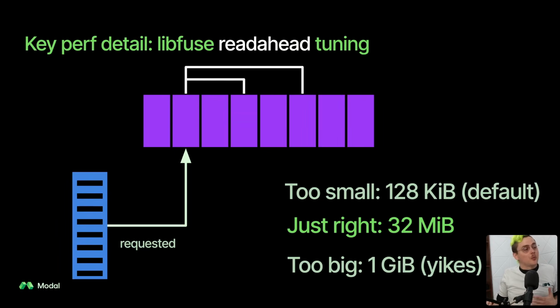The maximum was way too big, and in between we found that 32 megabytes, which is, I guess, 8,000 pages at 4 kilobytes a page, was the right amount, because people tend to be loading large binaries, lots of things sequentially. And yeah, there's a question in the chat: this was determined empirically.